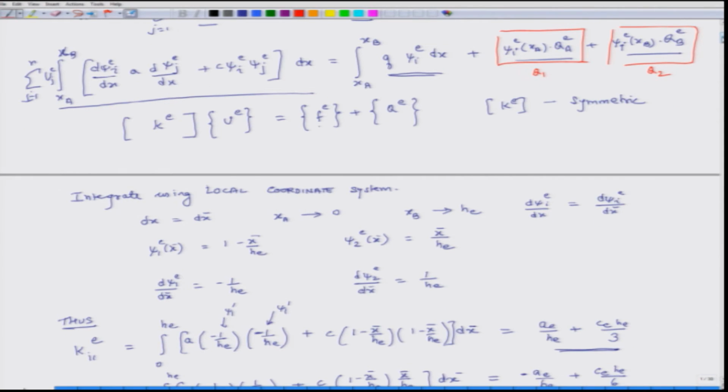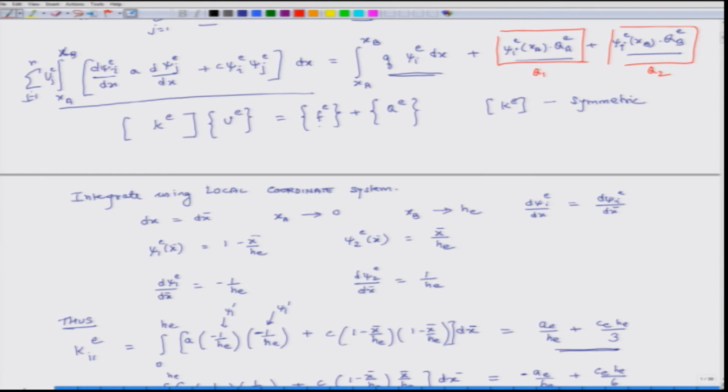So, when psi I equals psi 1, the value of psi I at x equal to xa is 1. The value of psi 1 at the first node is 1, and at the second node it is 0. So, this term is QA in the first equation, and this term in the first equation is 0.